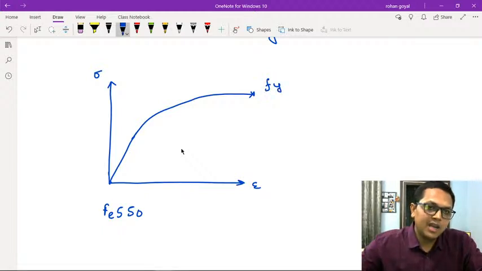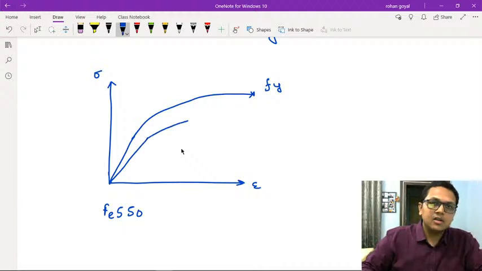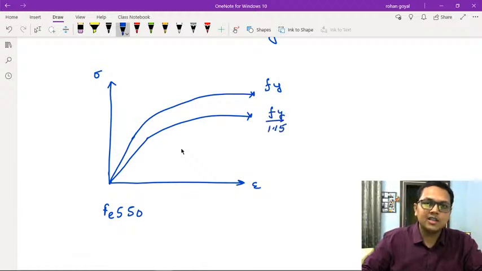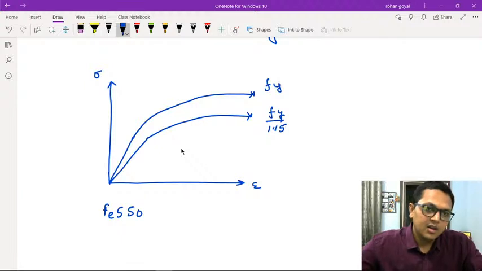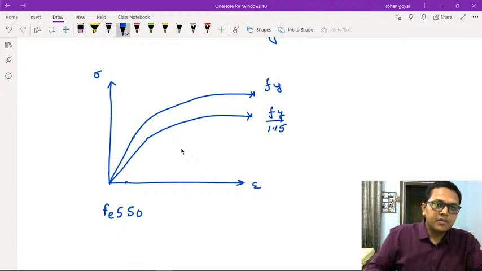Now applying the factor of safety, fy upon 1.15, you will get this stress strain diagram. The 0.2% proof strain value is 0.002, that is the percent converted into decimals.